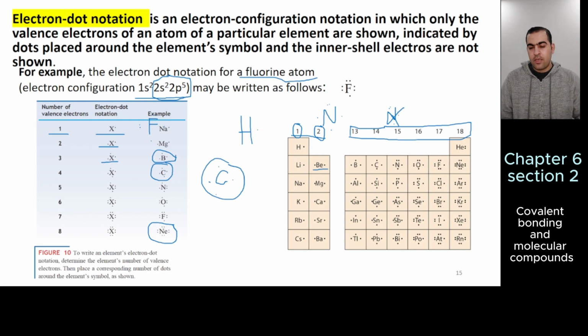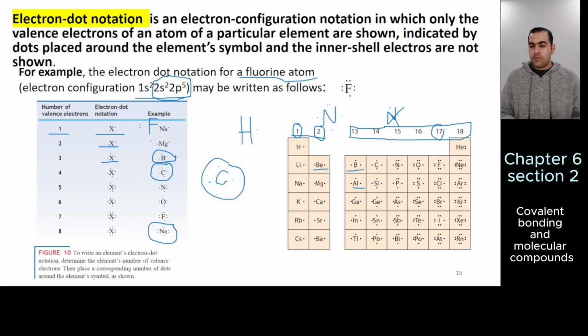For groups 13 to 18, how we find valence electrons is important. We learned in chapter 5: for the p block, group number minus 10 equals the valence electrons, the electrons in the last s and p. 13 minus 10 is 3. Boron, aluminium, gallium have 3 valence electrons.